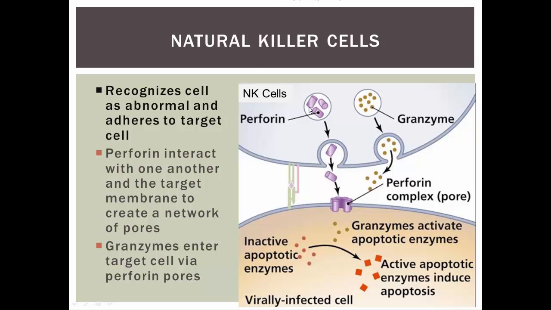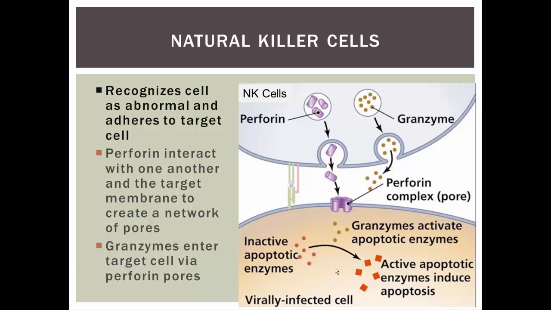And so what he does then, in response to being excited or activated, is release chemicals called either perforin or granzymes. Now, the perforin, its job is to punch a hole in the cell membrane of our target cell. So let's say it's a viral infected cell. It punches a hole in that cell. That's going to allow the cell to lyse, to break, because it's going to release all of its stuff. It's going to fall out. It's like a bullet wound.